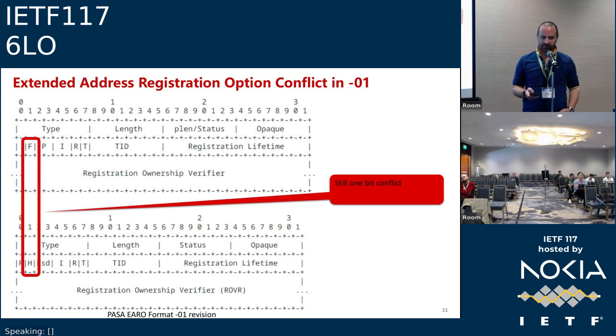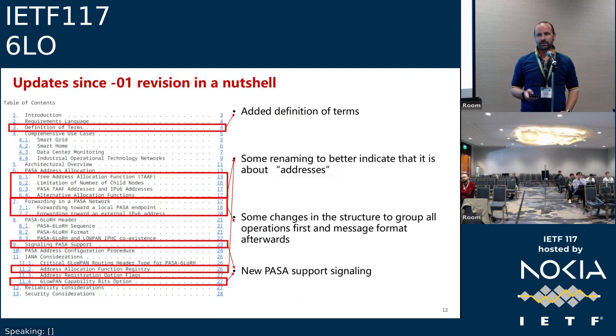Pascal did the comments. We have to solve this conflict, and we decided to target this working item in 02. So what you see here is the difference between 01 and 02. We added a new section as a definition of terms because previously it was diluted in another section.